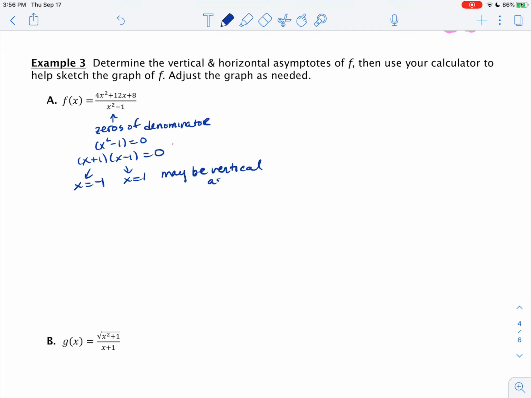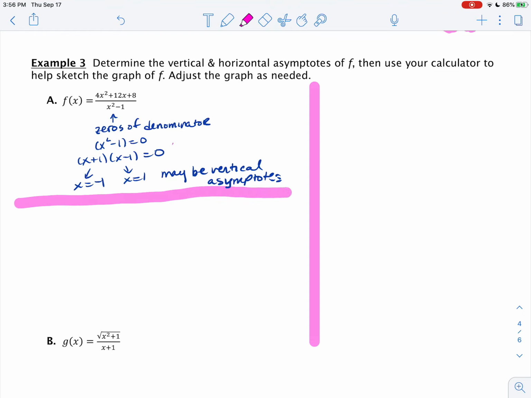These may be vertical asymptotes. Okay, so we will want to see which ones are vertical asymptotes. Maybe not all. So we just check. Okay, so those are the contenders for vertical asymptotes.